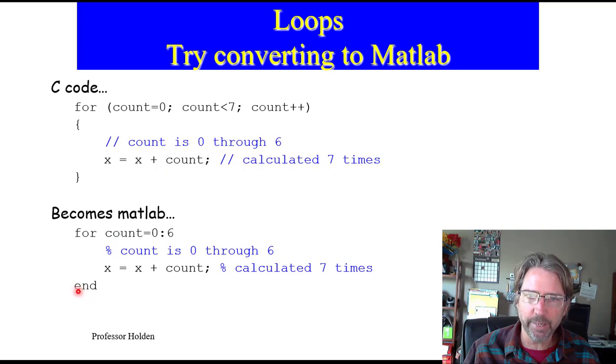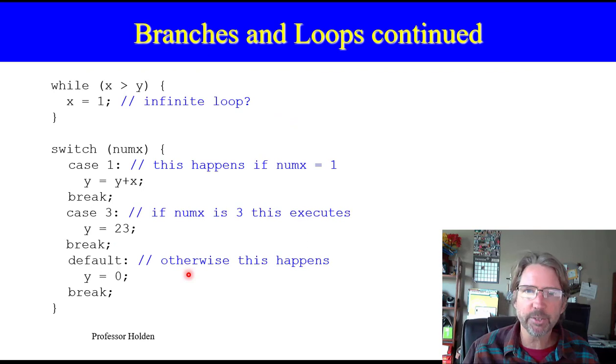So instead of the word end, we have curly brackets in C, and instead of this list of numbers to count through, we have these three: the beginning, the end, and what to do each time through the loop.